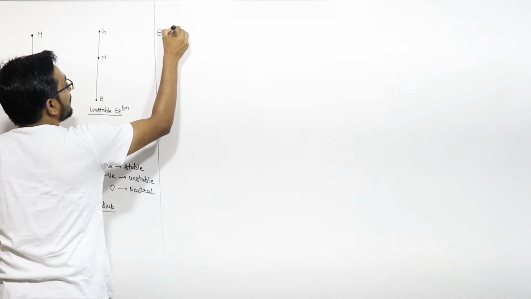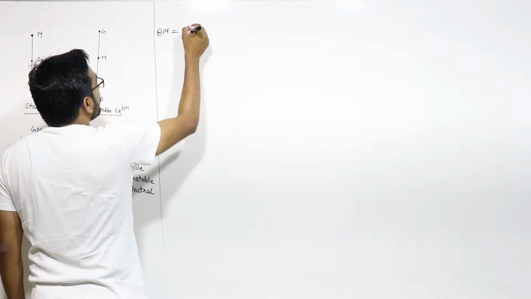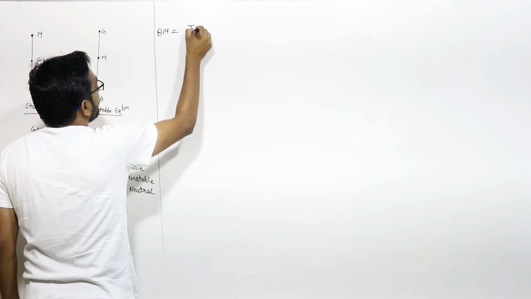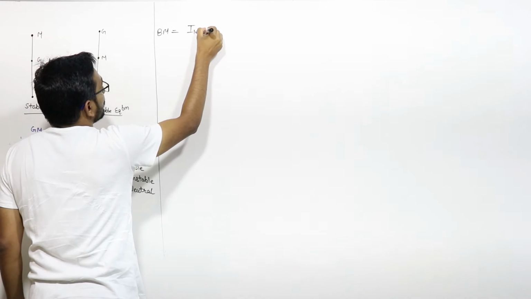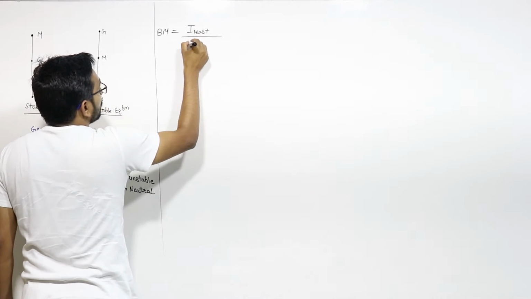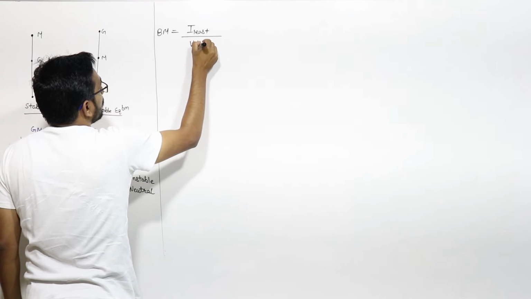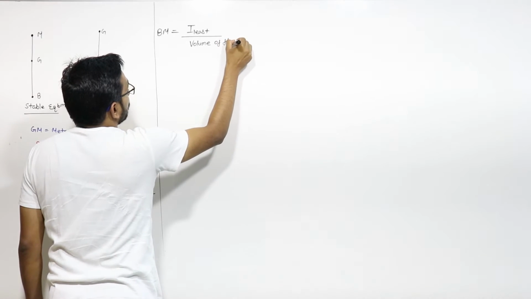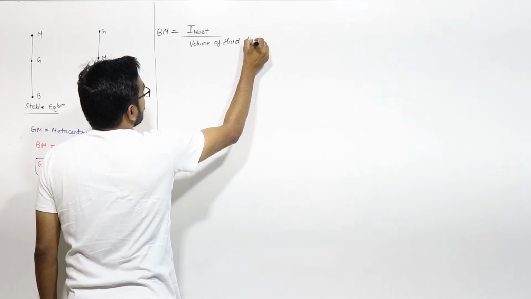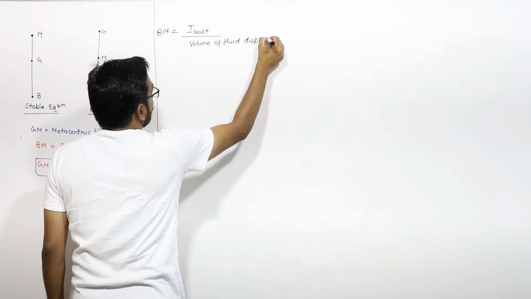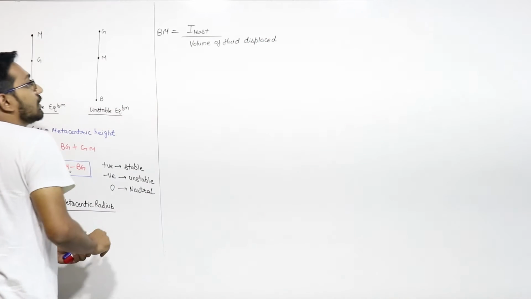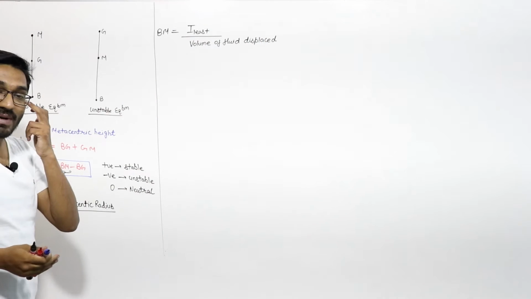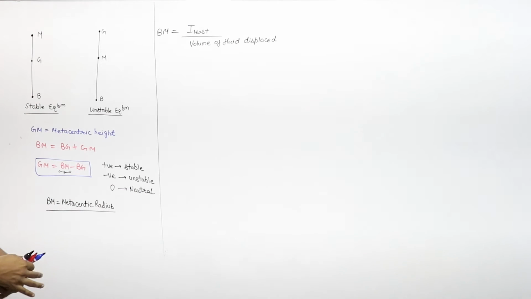Metacentric radius will be equal to the least moment of inertia upon volume of fluid displaced. This is the formula for metacentric radius, that is the least moment of inertia divided by the volume of the fluid displaced.